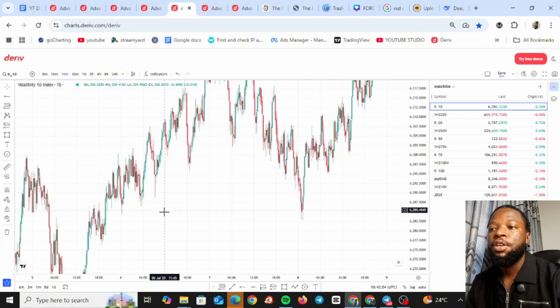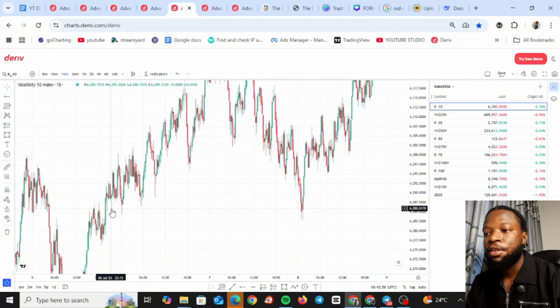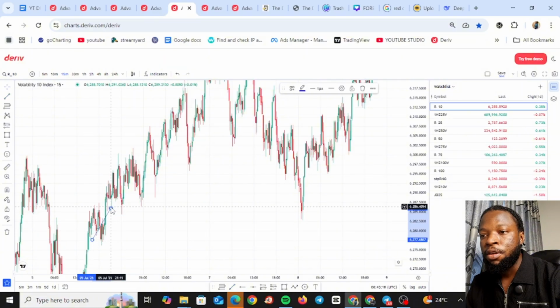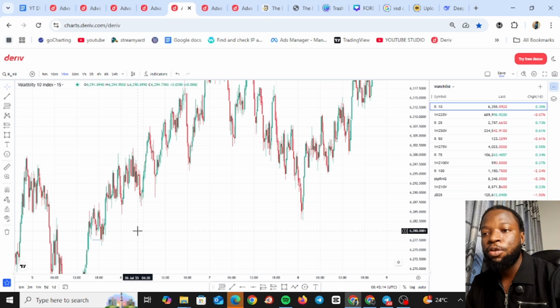And on the 15 minutes, we have our first sweep of liquidity, which is this, following the rules of the advanced market structure.